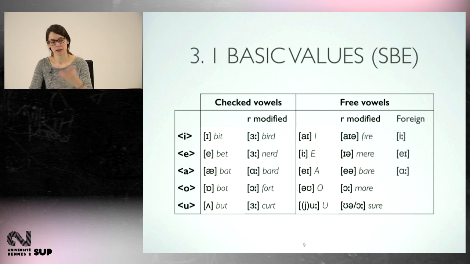It tells you when you should have a checked vowel for the graphic vowel I, for instance, well, the checked value is going to be E. But it does not tell you when you should use the checked value. This is what we're going to see right now.